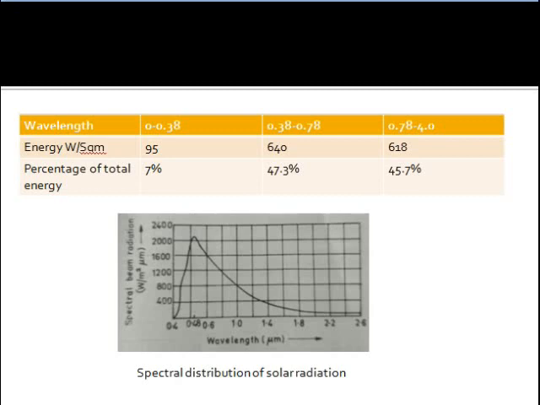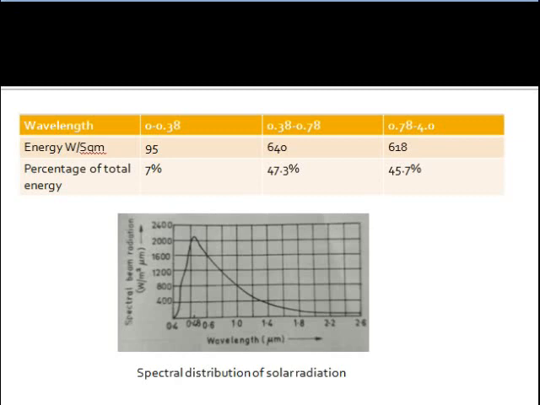So what we can see is that the bandwidth at nearly 0.48 micrometers has a maximum energy output of 2 kilowatt per meter square. It's a great value. In a small area of 1 meter square we are getting 2 kilowatt of energy. 2 kilowatt means 2000 watt, and the nearly exact value is 2074 watt per meter square.